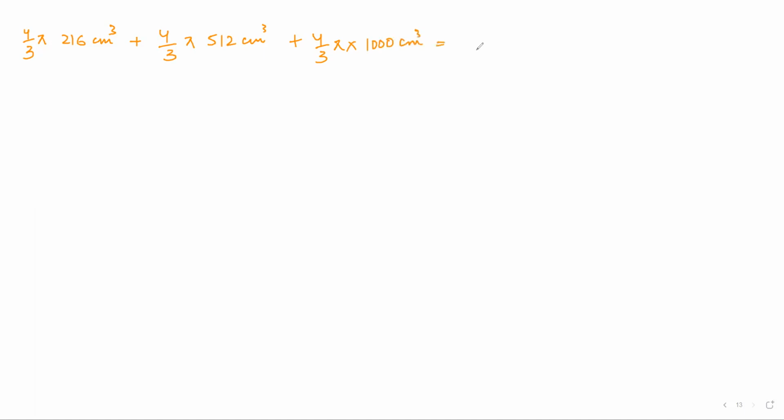This is equal to volume of the new sphere, which is 4 upon 3 pi r cube, which I'm denoting by r. So first of all, I can take 4 upon 3 pi common. I have 216 plus 512 plus 1000 centimeter cube is equal to 4 upon 3 pi into r cube. So this cancels out, 4 upon 3 pi on both sides. Now you add it.